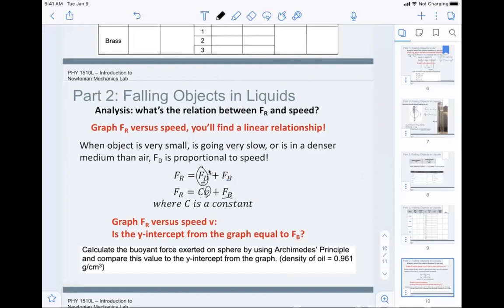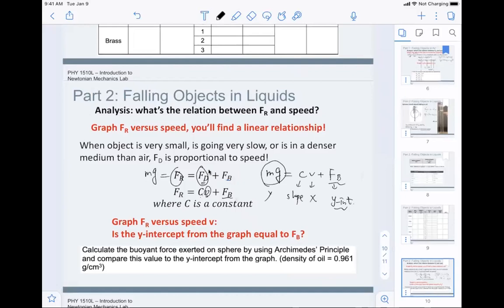So your total resistance, which is equal to mg, is going to be the drag force plus the buoyant force. So you're going to plot mg is equal to C times V plus F_B. This is your y, this is your x that you measure, and this is your y-intercept. So the slope here gives you the constant C, and your y-intercept gives you the buoyant force acting on your sphere.